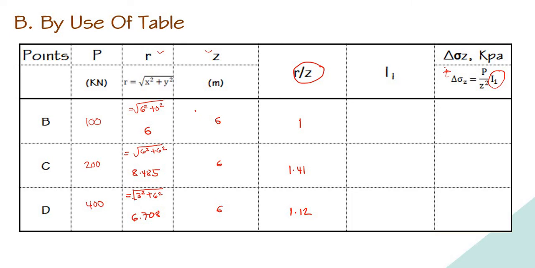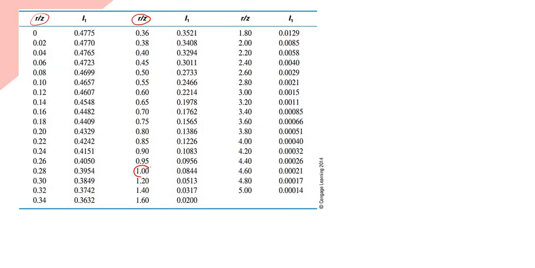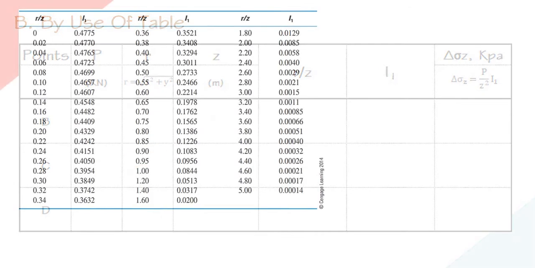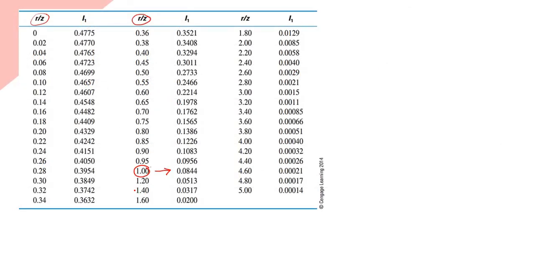From the table, if the ratio of R and Z is 1, the value of I1 is 0.0844. Next, if R over Z is 1.41, this is between 1.4 and 1.6. We do not have a value for 1.41 because 1.41 is somewhere here and we do not know the value.